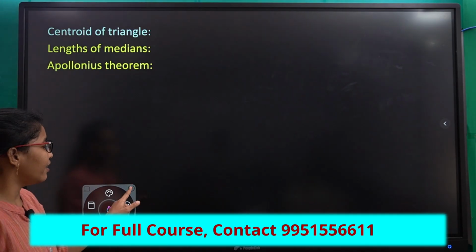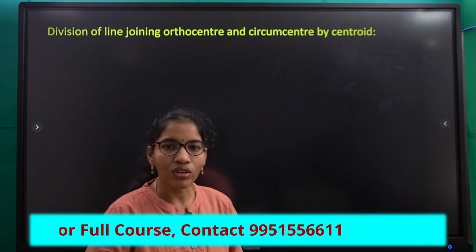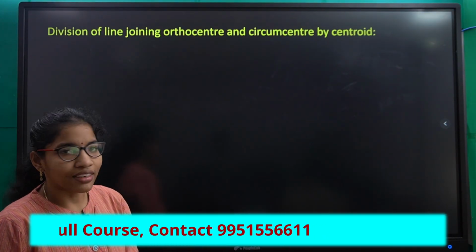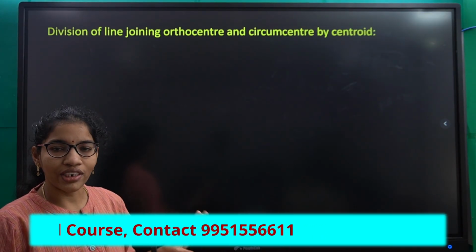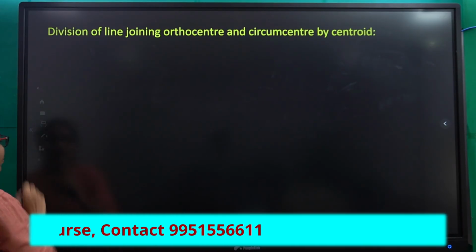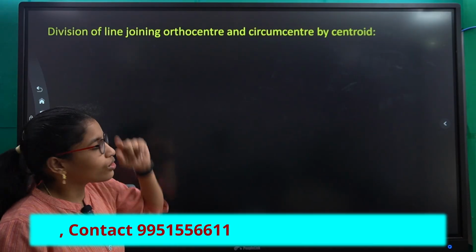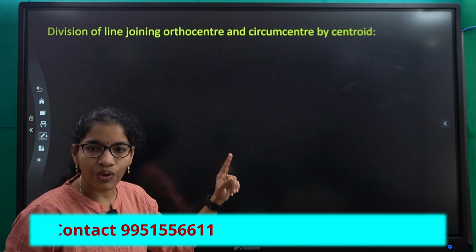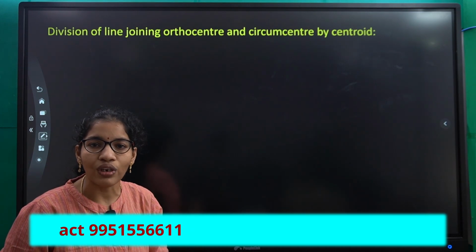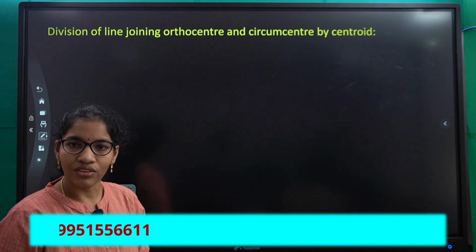Now we will see the distance, the division of the line joining the orthocenter, centroid and the circumcenter. Clear? I hope you already know the relation, right? Now we will see how we get that relation. Here always the orthocenter and the centroid and the circumcenter, these three are always collinear in any triangle except equilateral triangle, right?